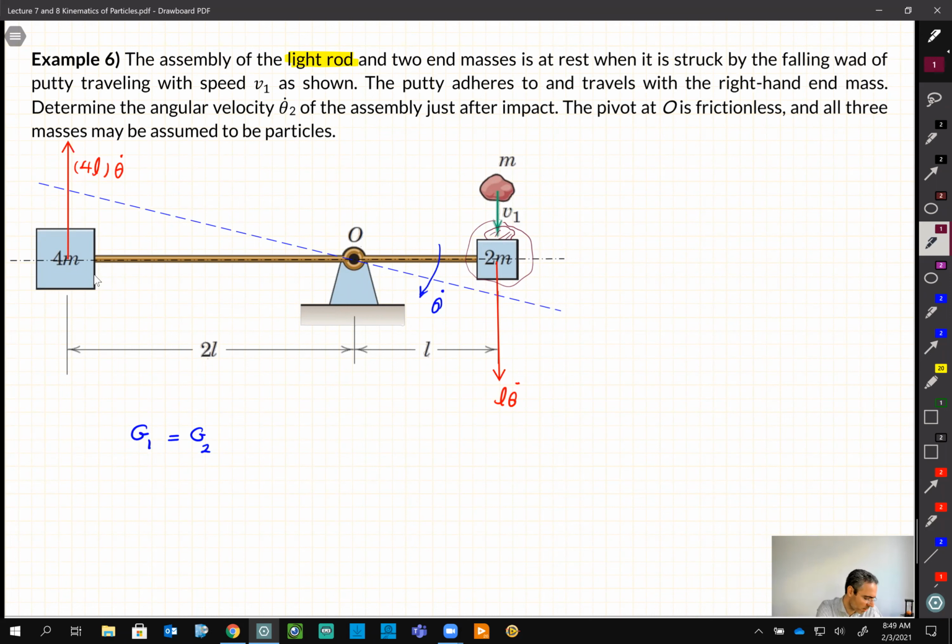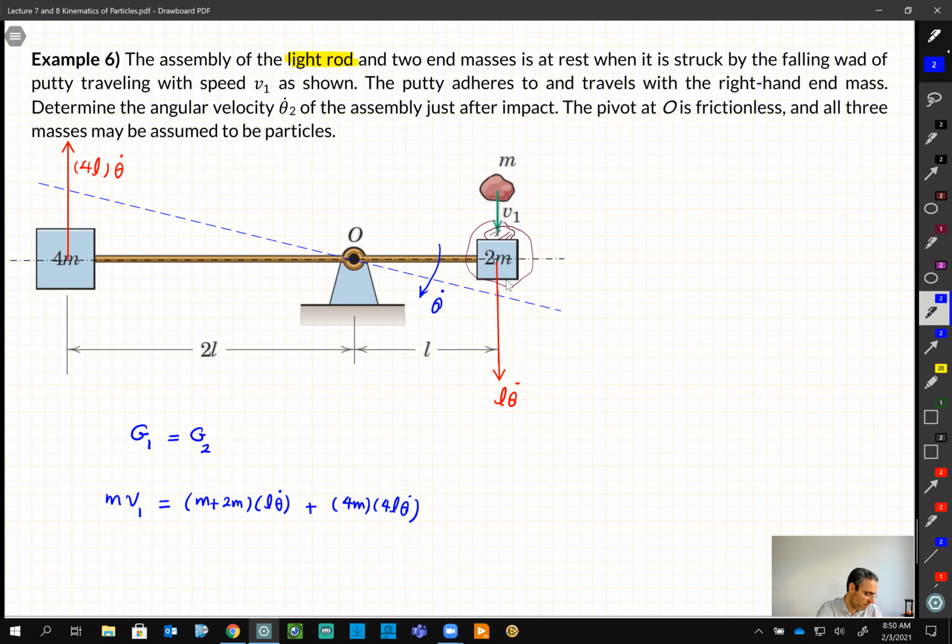What do I have for G1 is M multiplied by V1, because the rest, we assume they were at rest. And then what I get for scenario number 2 is mass M plus 2M, because these two on the right become one mass, multiplied by their velocity, and then plus the other one, 4m multiplied by 4L theta dot.